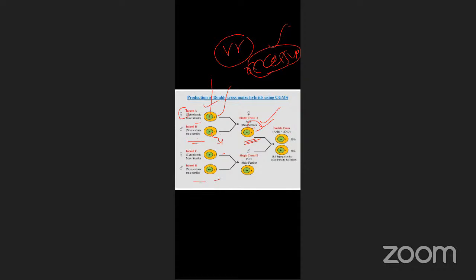Just observe here: in inbreed B or line B, only small r, that means recessive genes. What is recessive? What is dominant? Recessive means it's not an expressed character. And here in line D, capital R means it's dominant.